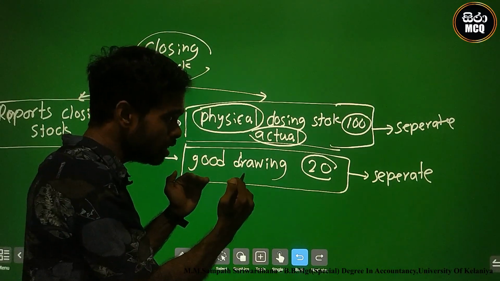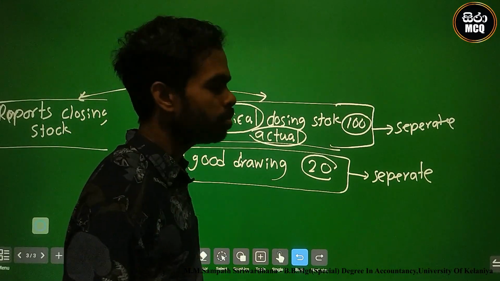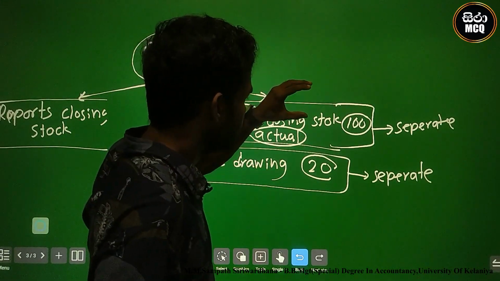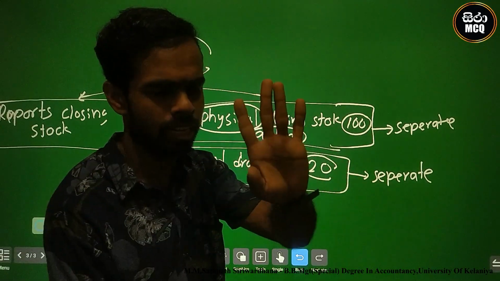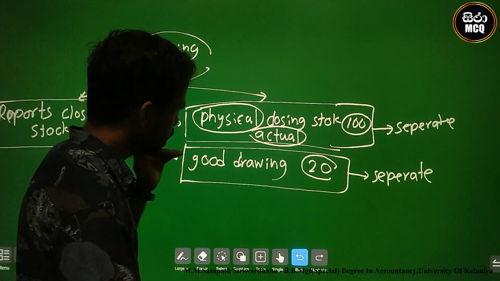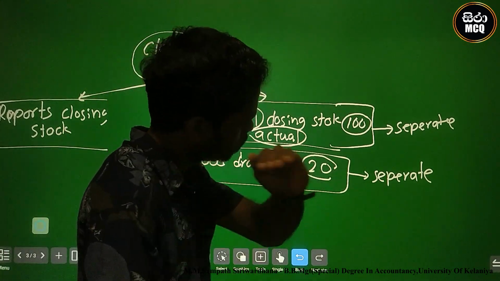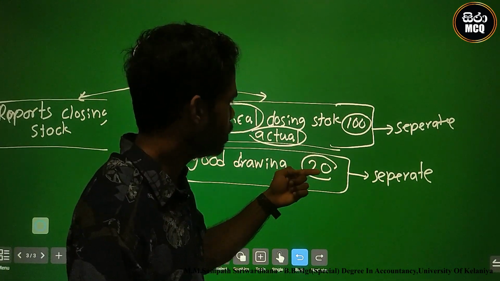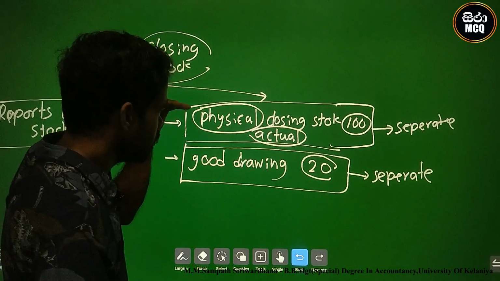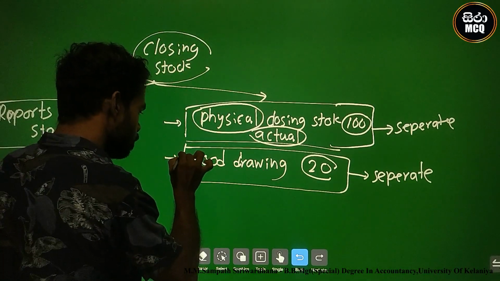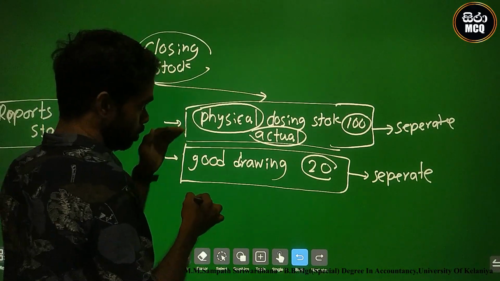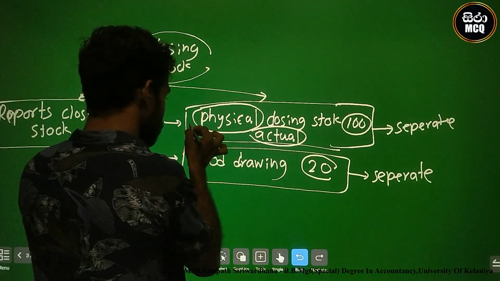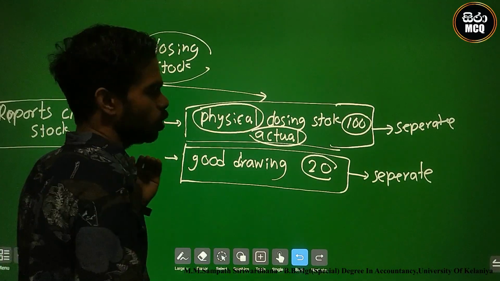Separately we can account 100, the actual closing stock. There is a goods drawing. There is no impact by goods drawings to physical closing stock, and no impact of closing stock to drawings.